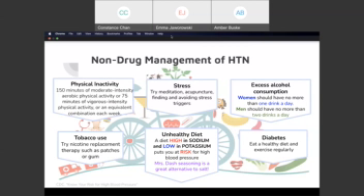Excess alcohol consumption is also a trigger, so women should have no more than 1 drink a day, and men should have no more than 2 drinks a day. Tobacco use is also a trigger, so try nicotine replacement therapy, such as patches or gum. An unhealthy diet, a diet high in sodium and low in potassium, puts you at risk for high blood pressure. So Mrs. Dash seasoning is a great alternative to salt. And again, diabetes is a risk factor, so eat a healthy diet and exercise regularly.